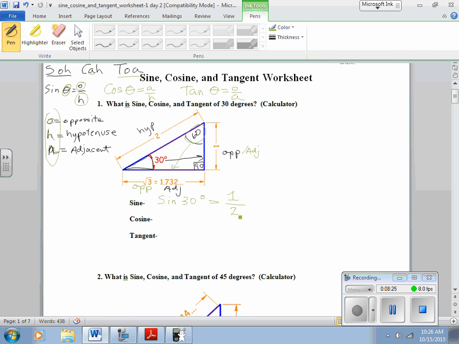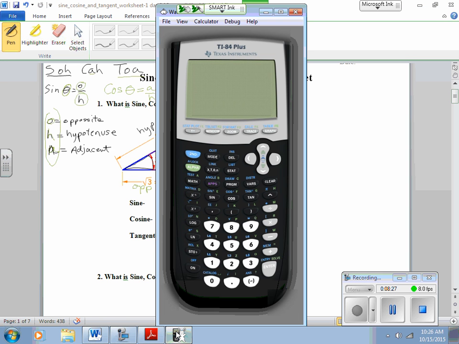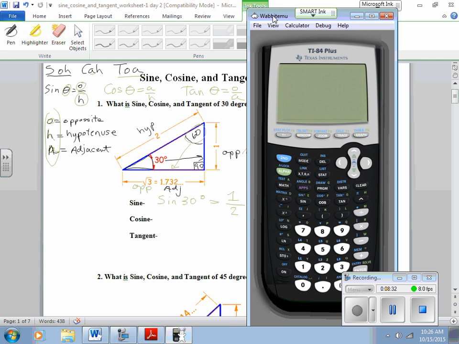So what you're going to do with your calculators now is you're going to check. So go ahead and turn it on first of all. We're going to do sine first. Now, first thing real quick, we got to make sure we are all in the correct mode. So do me a favor, check mode, and that degree is highlighted, not radians.